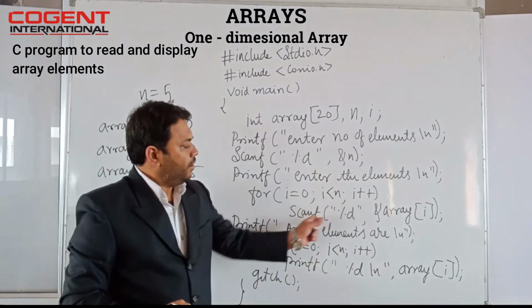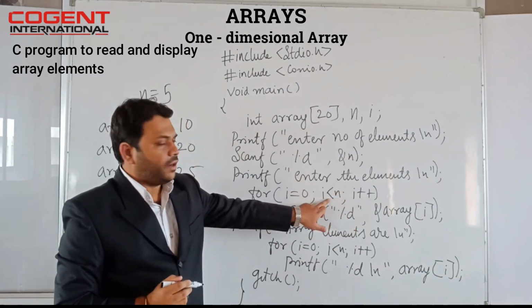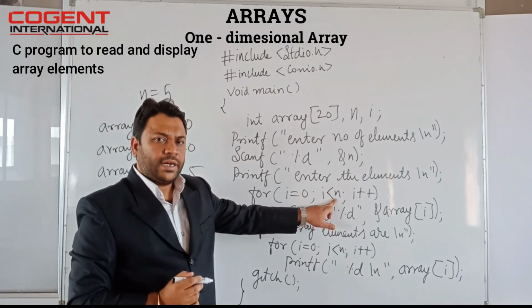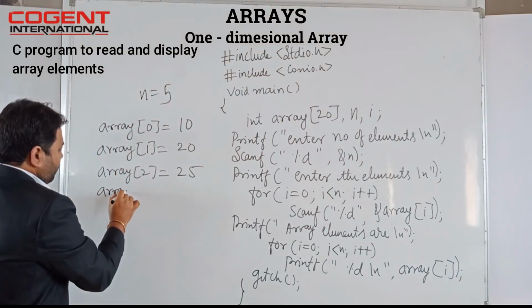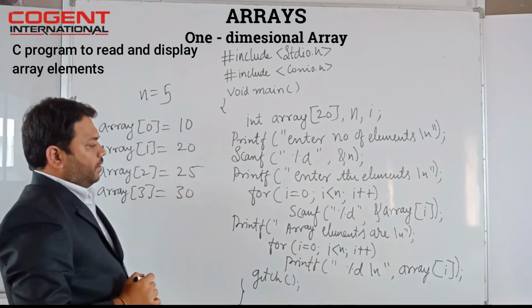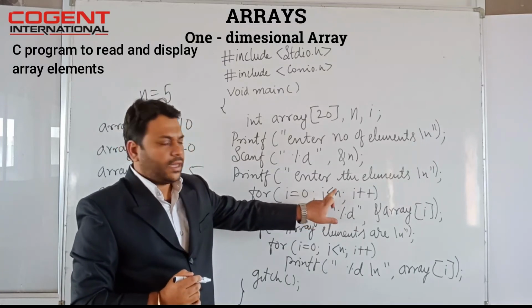Then the loop continues. Increment the value of i, that is 3. So 3 is less than 5. The condition is satisfied. Then read array of 3. I'll read it as 30. Then increment the value of i, which becomes 4. 4 is less than 5.